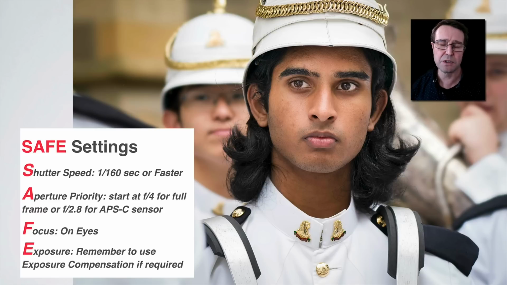And exposure compensation. Typically, I'm using the multi or segment metering in the camera. This is usually the most reliable, but occasionally we can underexpose or overexpose depending on the tonality of our subject. In this instance, for example, the subject is wearing a lot of white, and that could cause the camera to underexpose slightly.